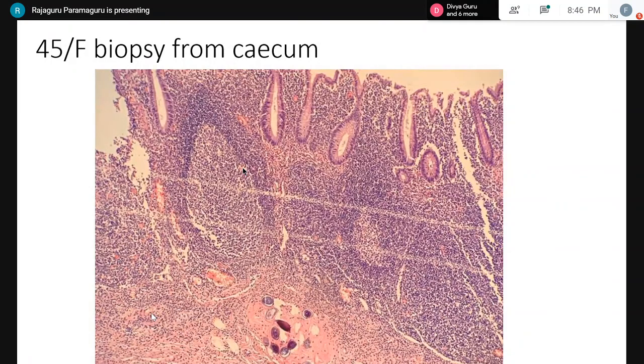This is nothing but a schistosomiasis infection, which has involved the colon also. So this is all from me for today.